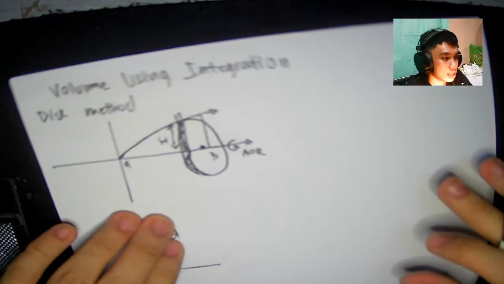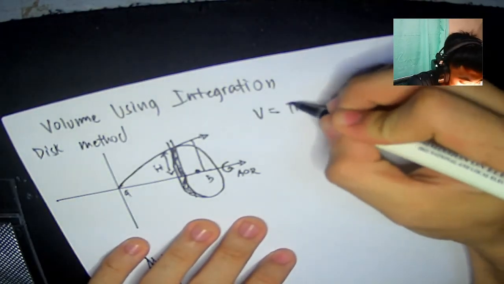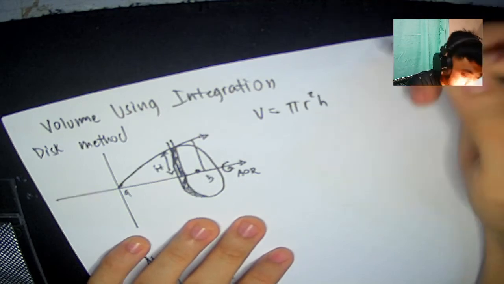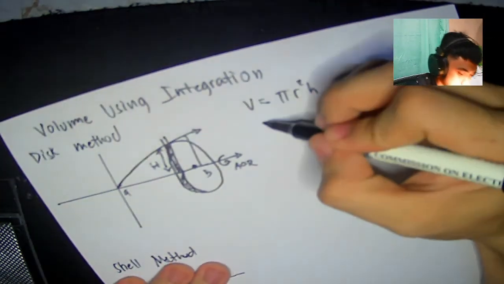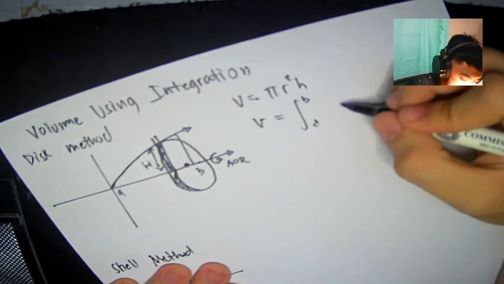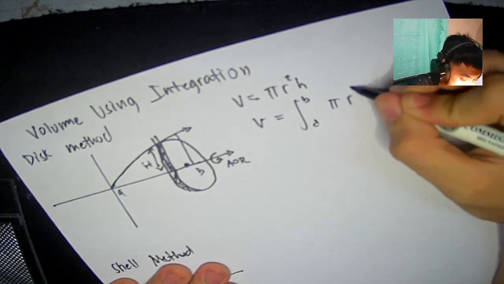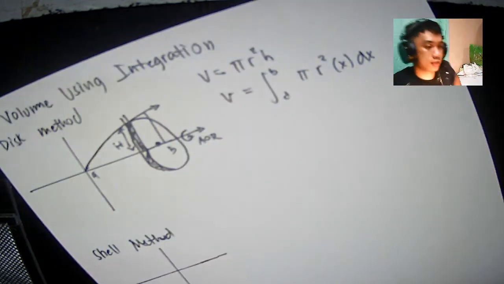So it looks like a disk to you now. So volume is equal to pi r squared h because it is a cylinder. So V is equal to the integral over the range A to B of pi r squared, function of x, dx.